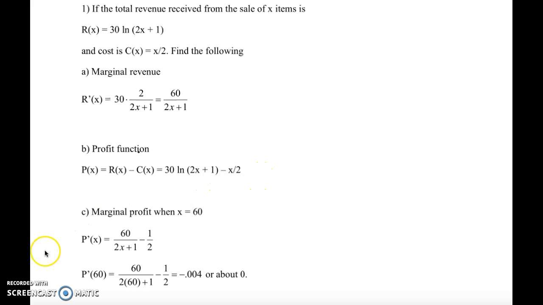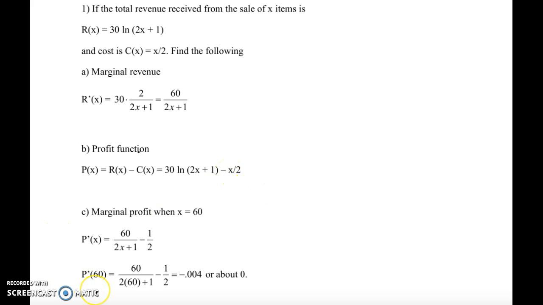And so when we go ahead and take the derivative of it, we end up with 60, because remember the derivative of 2x plus 1 is 2, over 2x plus 1. That came from our revenue function derivative right here. Minus 1 divided by 2, that comes from taking the derivative of x divided by 2. Remember, derivative of x is 1. That just leaves us with 1/2.